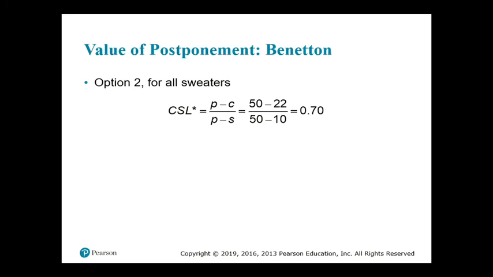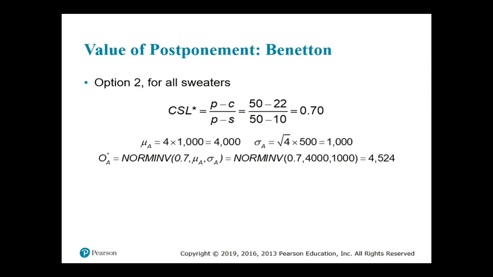For option 2, the CSL is slightly lower because the cost of production is higher. So we can't afford to overproduce as much as we did before. But now, in the late postponement, in the beginning part of the production, the demand is not differentiated, so we are able to aggregate all the demand.